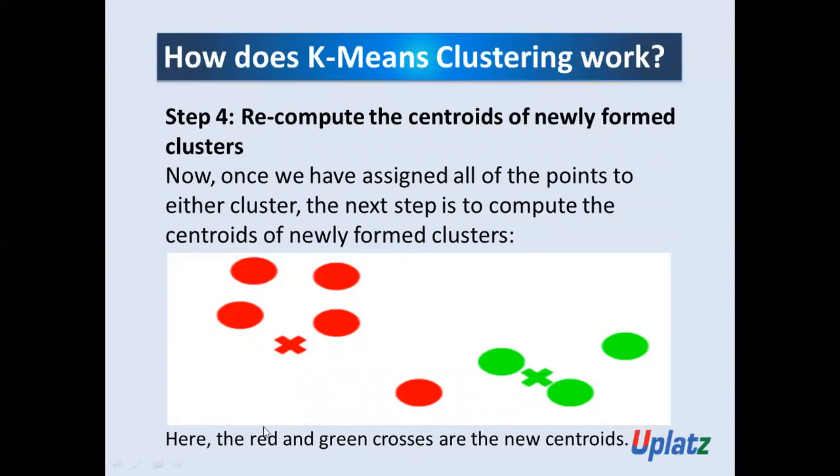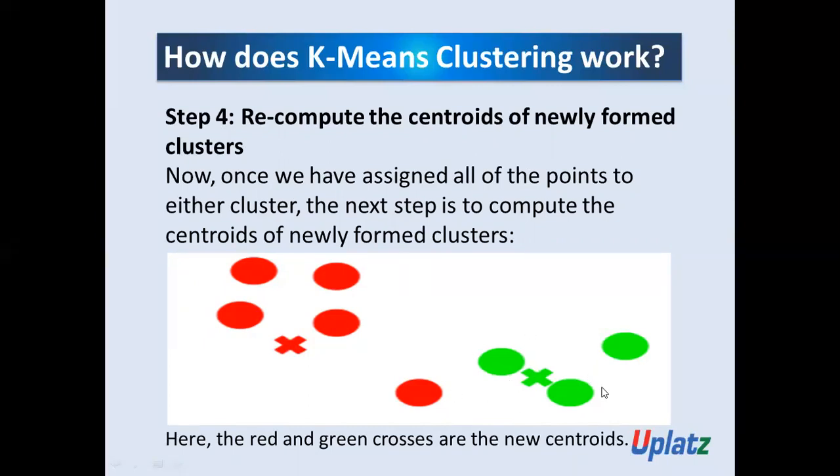So what is the next step? We need to compute the centroid of a newly formed cluster. Here, the red and green crosses are the new centroids. Let's suppose this is the red cross. It's a new centroid, and this is a new centroid. This is the centroid for this group, and this is the centroid for the green cluster.